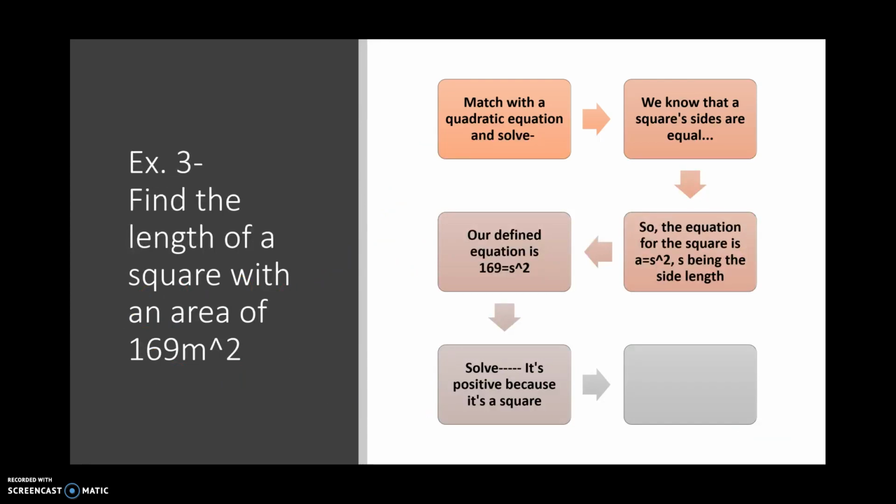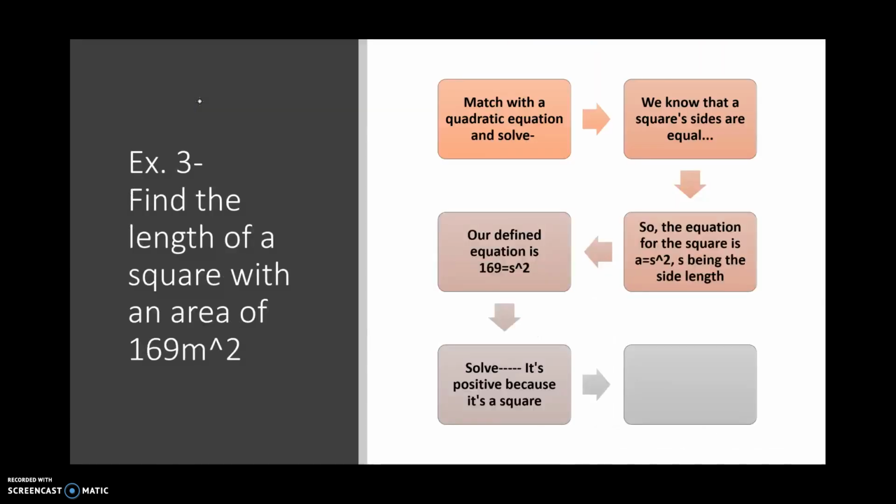Example 3, finding the length of a square with an area of 169 meters squared. If you want to do this on your own, I have the steps listed here. You can pause the video, follow the arrows, and try to do it on your own. I'll be starting right now. Match with the quadratic equation and solve. So we're going to try to figure out the equation here. What's the equation for a side of a square? Now most people know this.